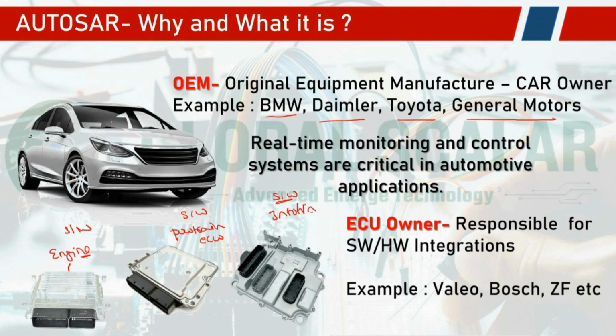That will be developed by the ECU owners, and the OEMs need to configure this hardware in the vehicles. It will be integrated, and they need to ensure that these ECUs are interlinked with each other and establish communication. It is part of scalability and portability, how it can be configured for the respective vehicle.